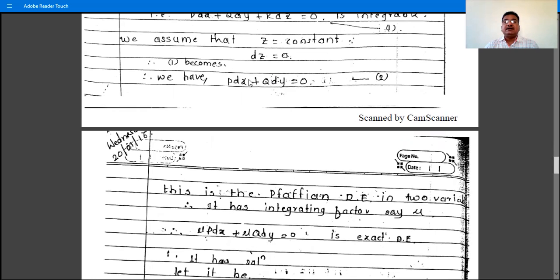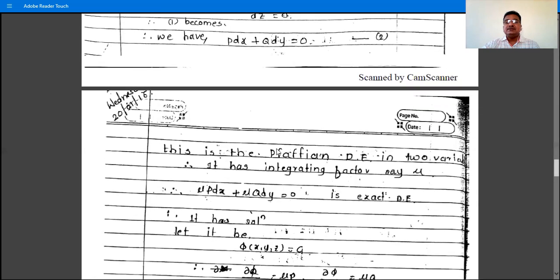Suppose it is exact, then 1 is its integrating factor. But if this equation is not exact, then it has some integrating factor, suppose μ, and after multiplying by μ to this equation number 2, this becomes exact.